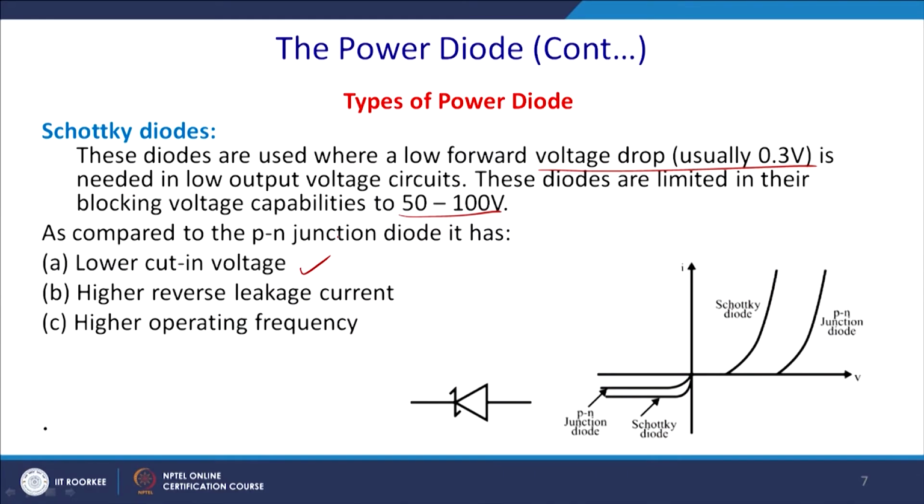This is the PN junction diode and this is the Schottky diode, and its drop will be lower instead of 0.7 volt for the PN junction, and one of its advantages is that it has the fastest recovery except SiC.